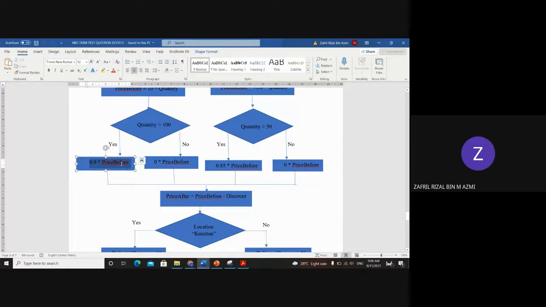Over here quantity is 200, and then how do you calculate this? Supposedly what?